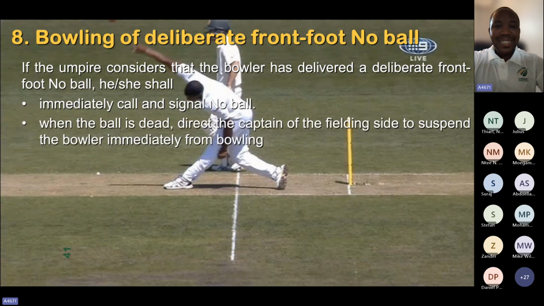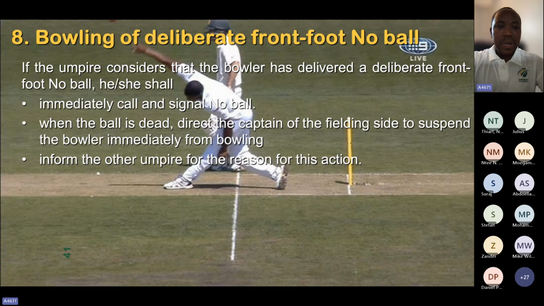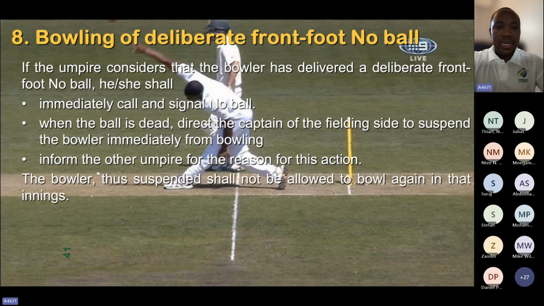When the ball is dead, so we will allow play to continue until the ball is dead. When the ball is dead, we direct the captain of the fielding side to suspend the bowler immediately from bowling again in that particular innings. We need to inform the other umpire of the reason for this action.